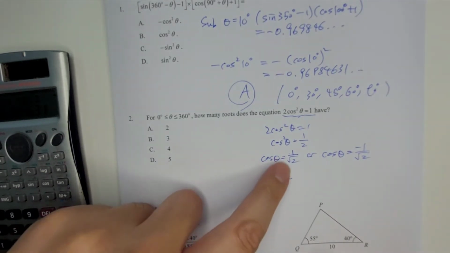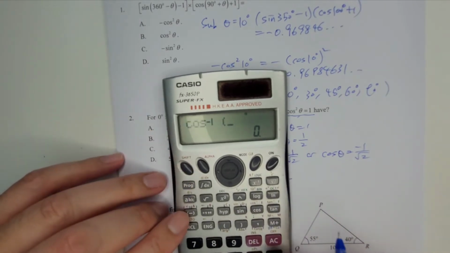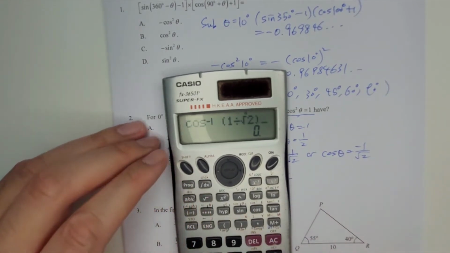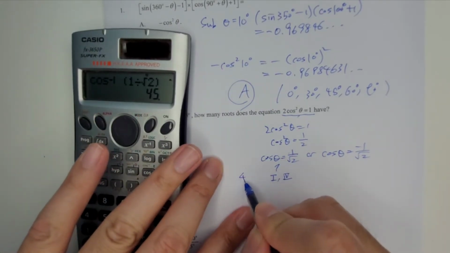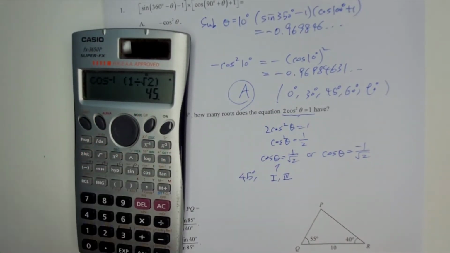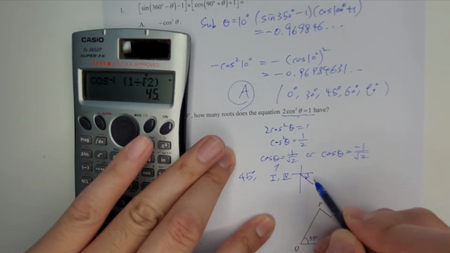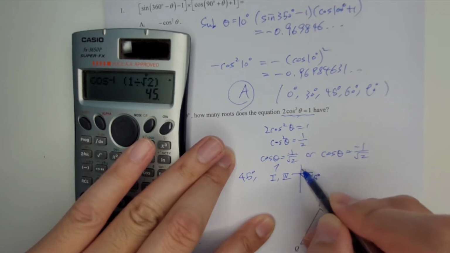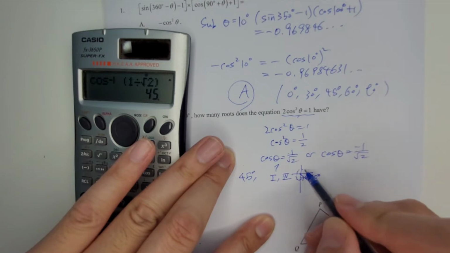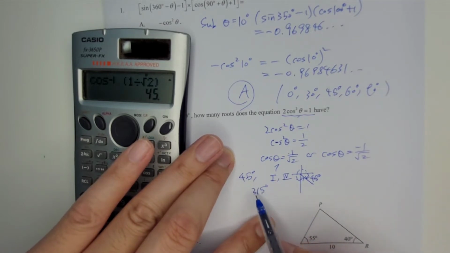The reference angle of cosine theta can be found by using a calculator: shift cosine 1 over root 2, that's 45. So the first answer will be 45 degrees. And the second answer, since it lies on the fourth quadrant, has a reference angle of 45 degrees, and the answer you need to get is the reflex angle, 315 degrees. So you have two answers here.